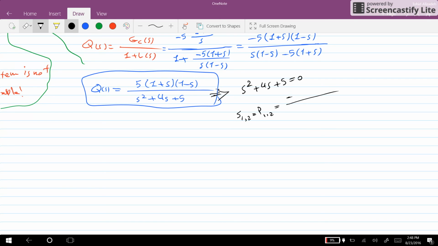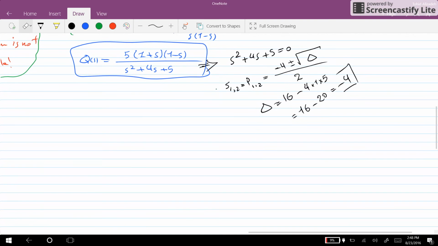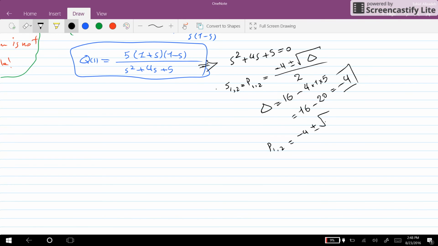So we will have minus b plus minus square root of delta over 2a, where delta is b squared minus 4ac, which is 16 minus 4 times 1 times 5, which will result in 16 minus 20, that's minus 4. So replacing minus 4 instead of delta, we will have p1 and 2 equal to minus 4 plus minus square root of minus 4 over 2.